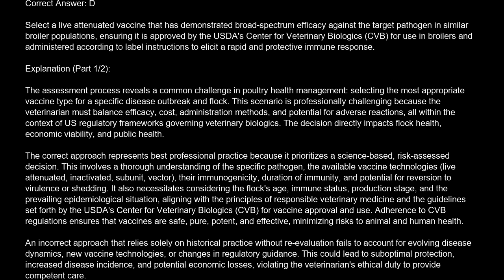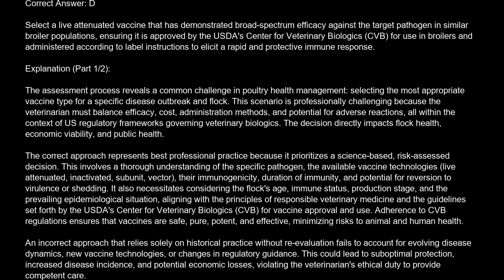The correct approach represents best professional practice because it prioritizes a science-based, risk-assessed decision. This involves a thorough understanding of the specific pathogen, the available vaccine technologies (live attenuated, inactivated, subunit, vector), their immunogenicity, duration of immunity, and potential for reversion to virulence or shedding.